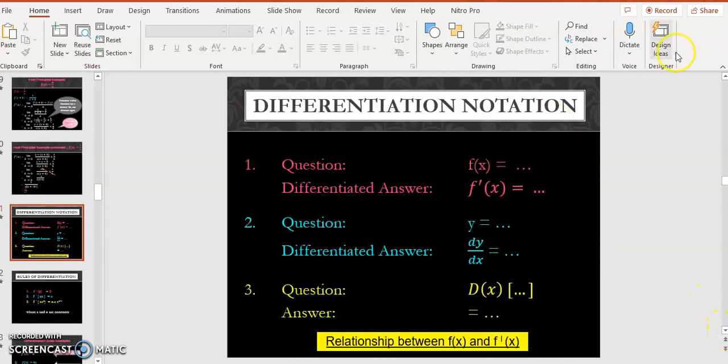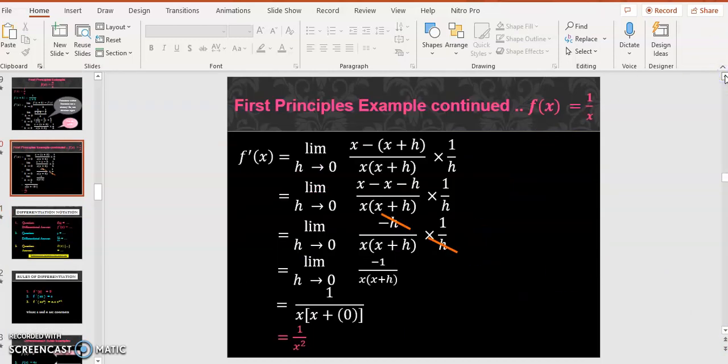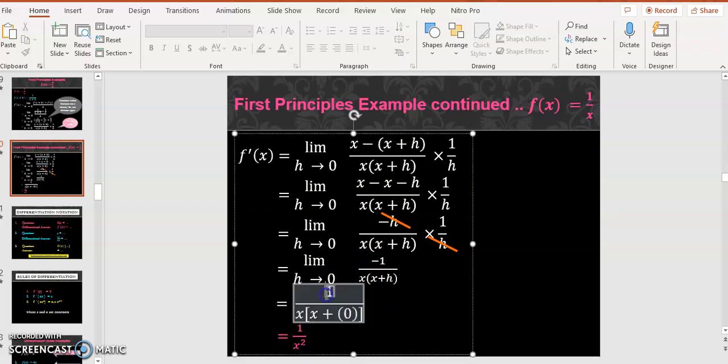Okay, let's go back. So here, if we substitute this h into it, remember we've already done the limits, yeah? So we find the limit of this as h approaches 0. So as h approaches 0, what are we going to have? We are going to have, remember this is negative, so there should be negative here.